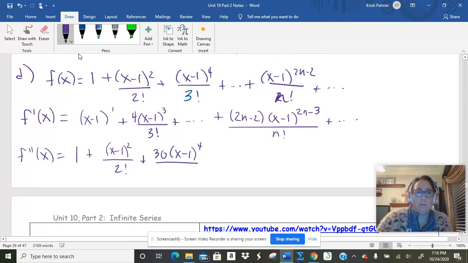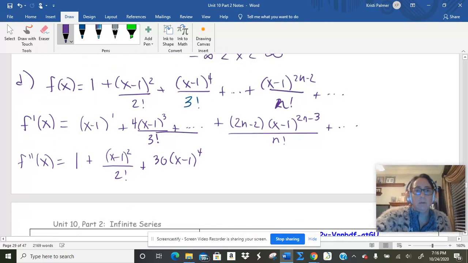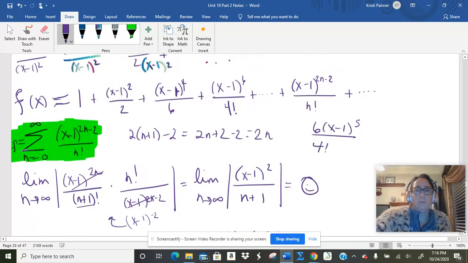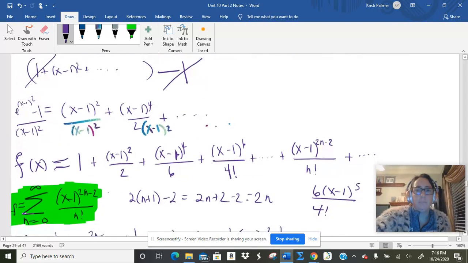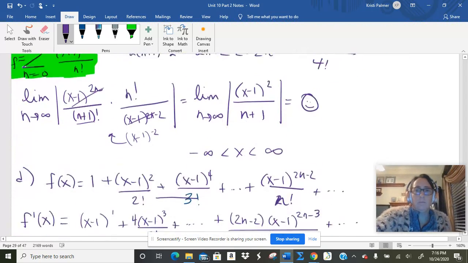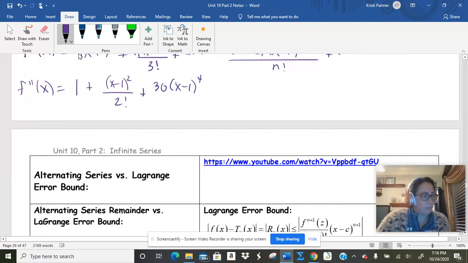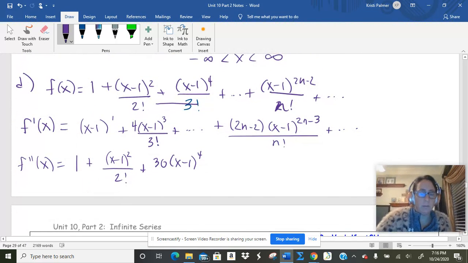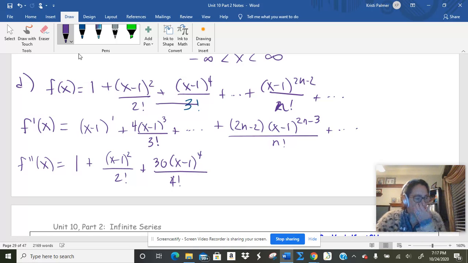And we were on, oh, I hate scrolling up and down. 4 factorial. Sorry. I went too far. Oh, so hard to see. This one was still reduced, so that was a 4 factorial. Okay, so let's see if I can get this reduced at all.